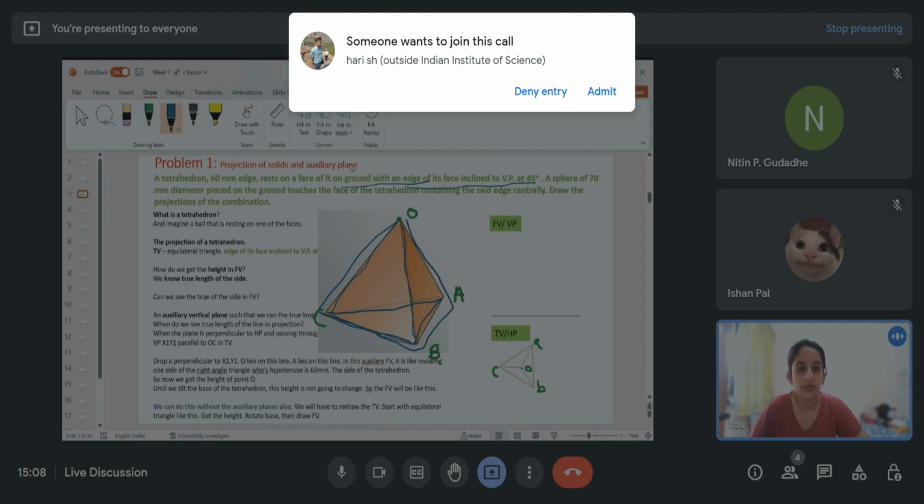So one of the edges is inclined to VP. So let us say that we have this edge AB inclined to the vertical plane. So if this is the vertical plane and I am making an angle 45 with the vertical plane, where will I see it? I'll see it in the top view. So that is, I'll see it here. So I'll now actually rotate all of this.